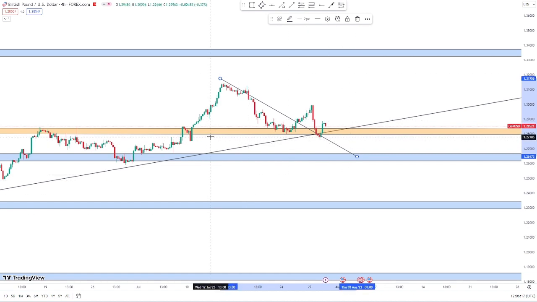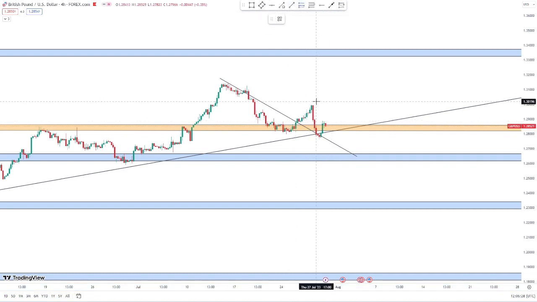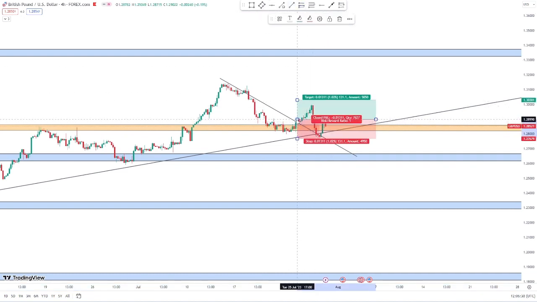So when price came off a bounce of this region and broke above this region with a bullish candle, then I had my entries around here.